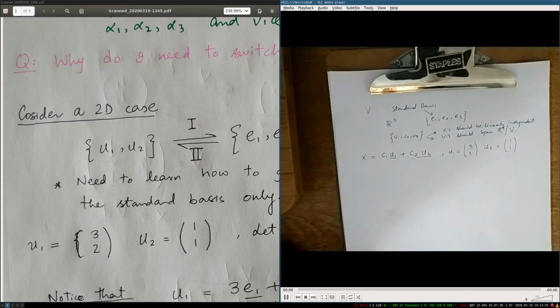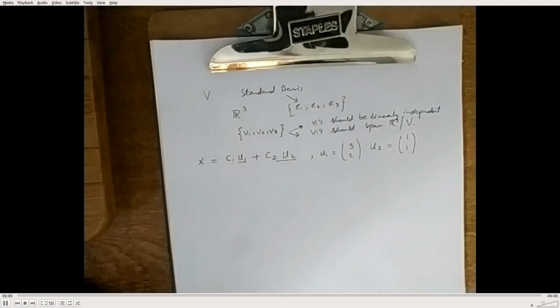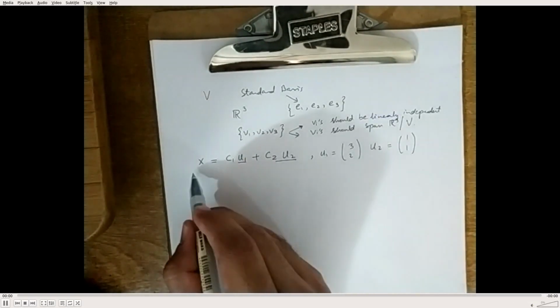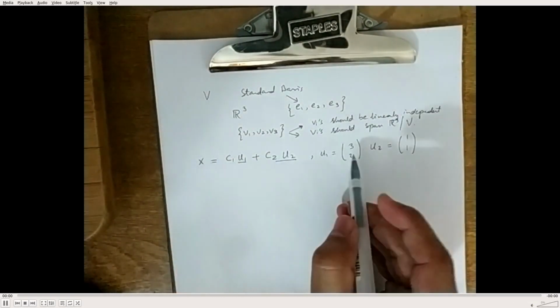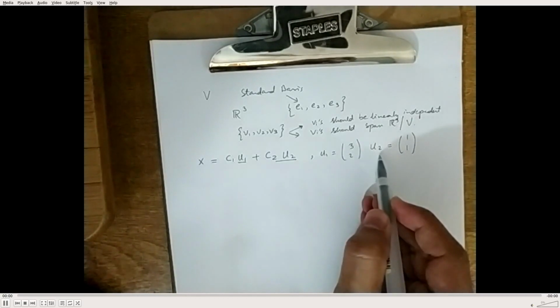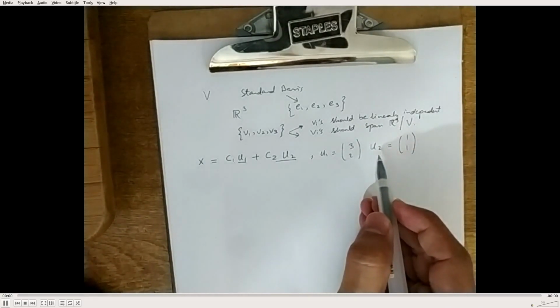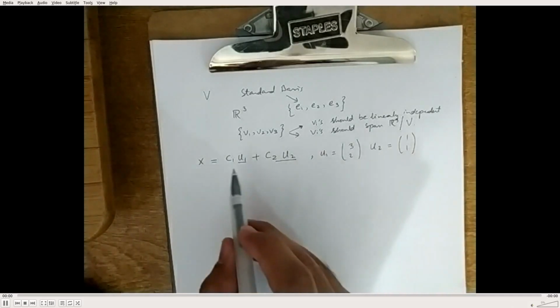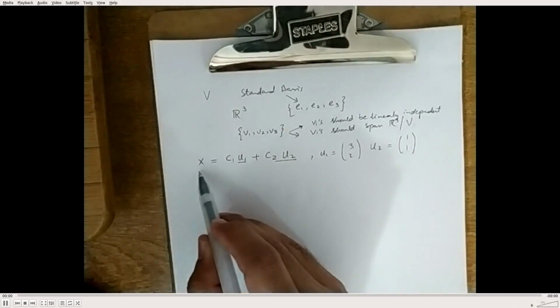So now the idea is as follows. This is the representation of x in terms of these 2 vectors U1 and U2. How do I find the representation of x in terms of E1 and E2?